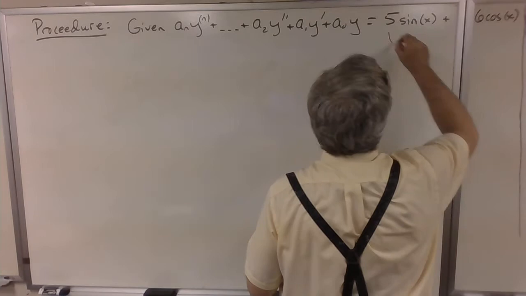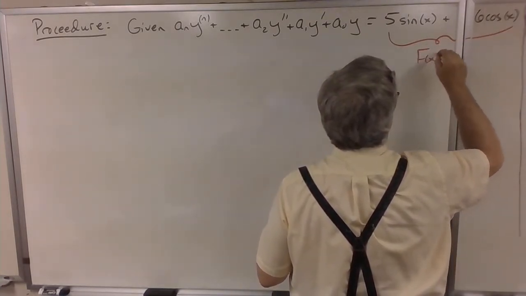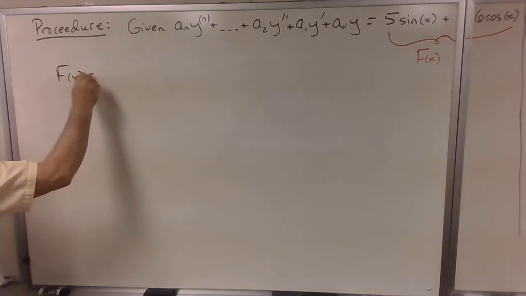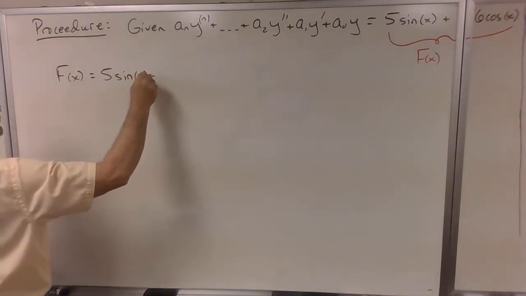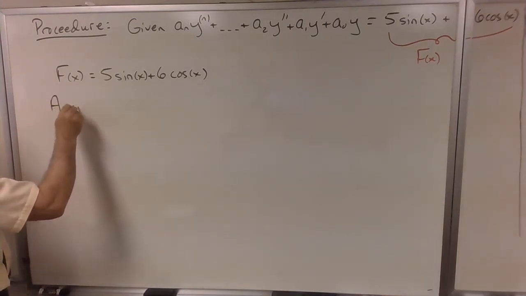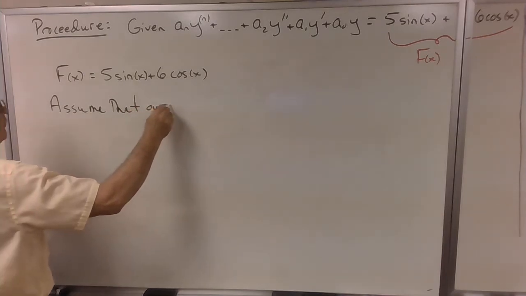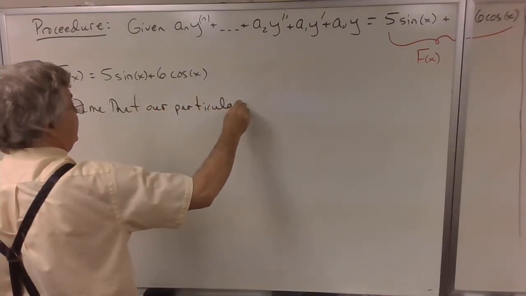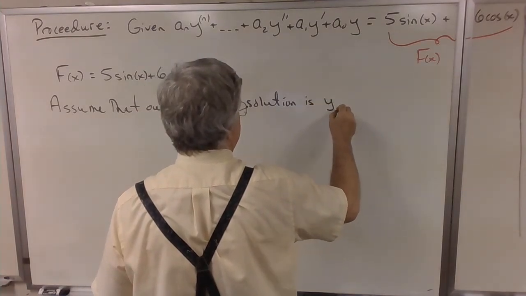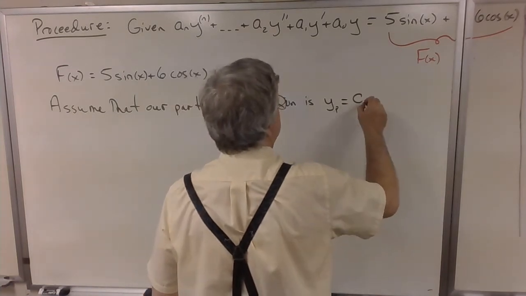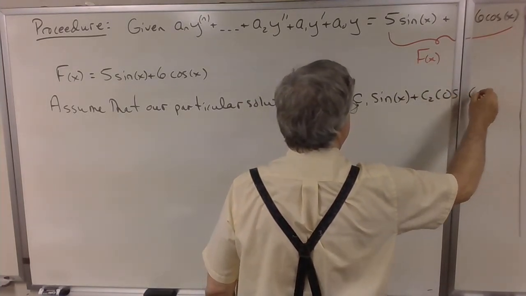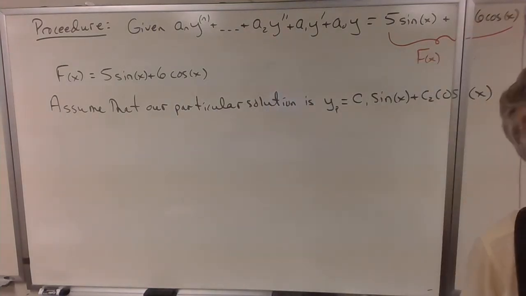This is our f of x. Did that make it cosine? Okay.